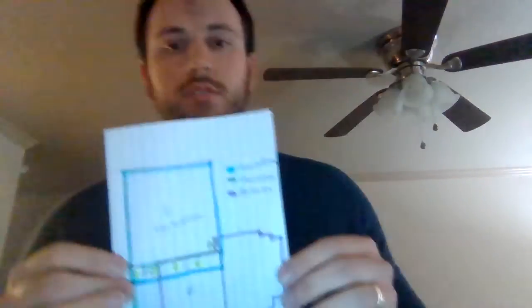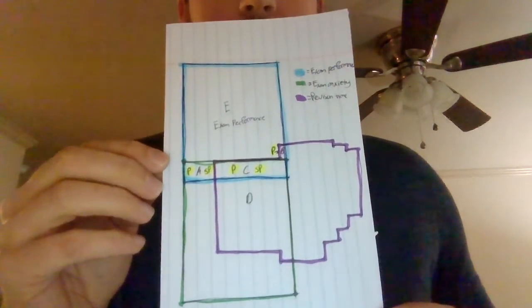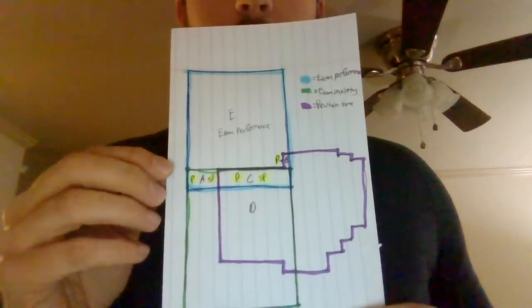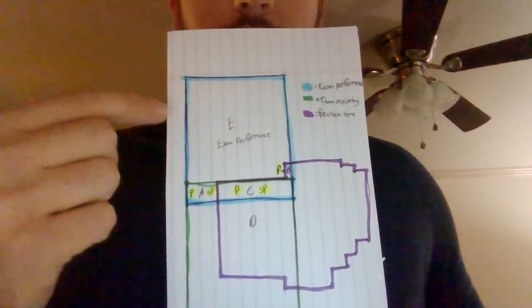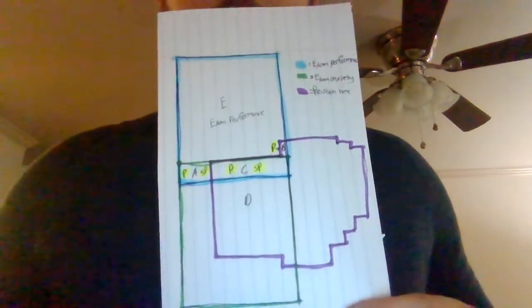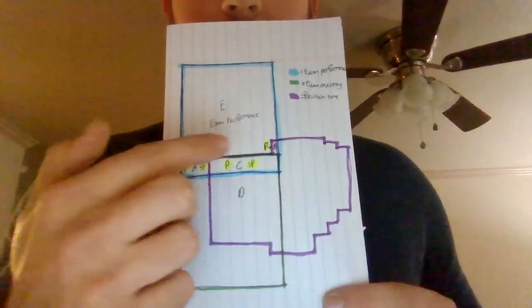For example, I've drawn out a sketch that's similar to what's in the book. Think of this as how to explain partial and semi-partial. You've got this blue square, a green square, and a purple square, and they all converge together.